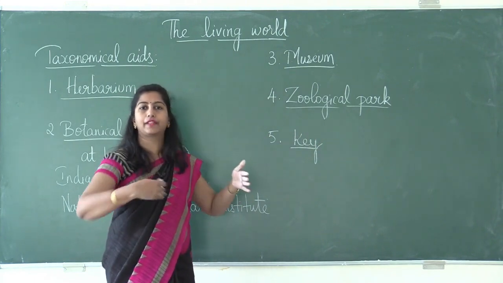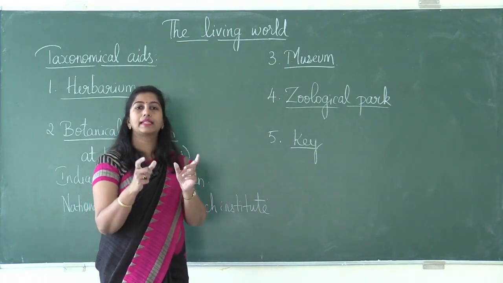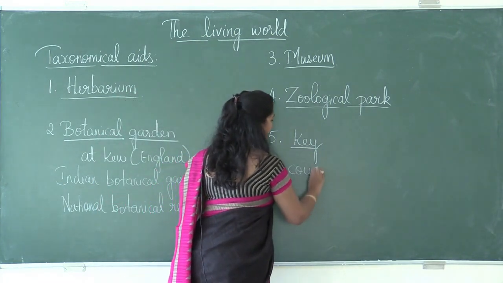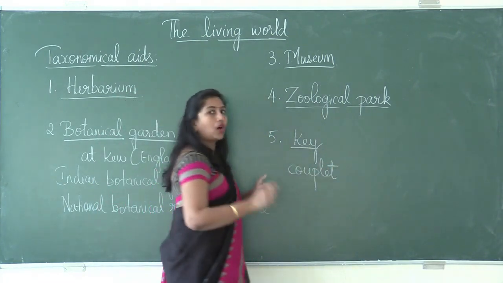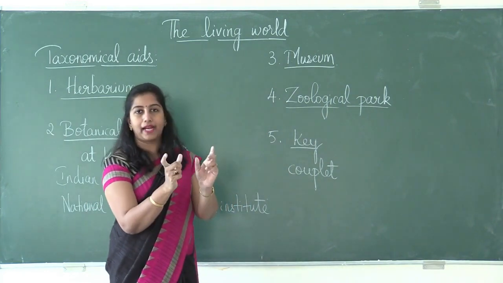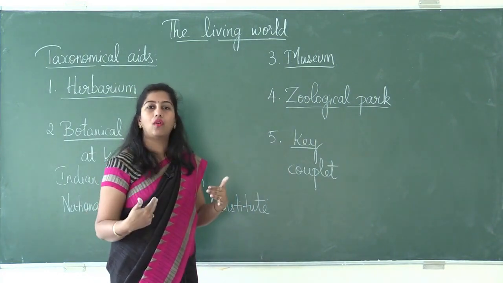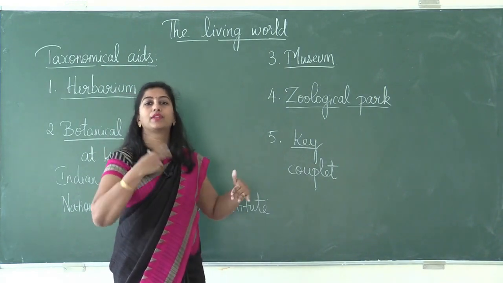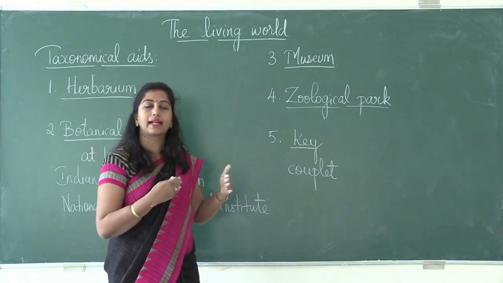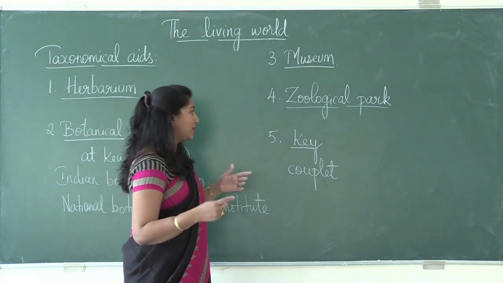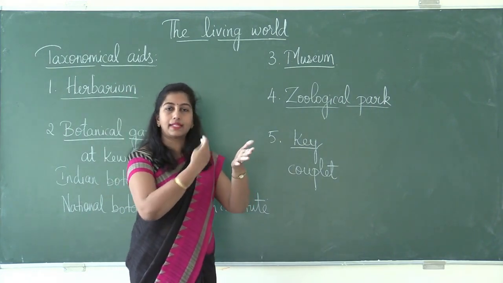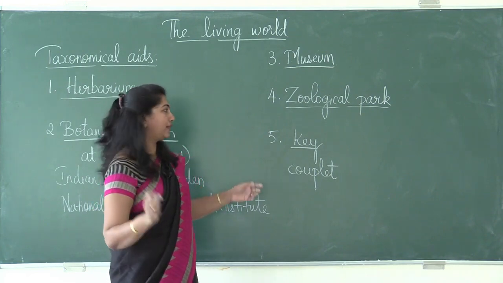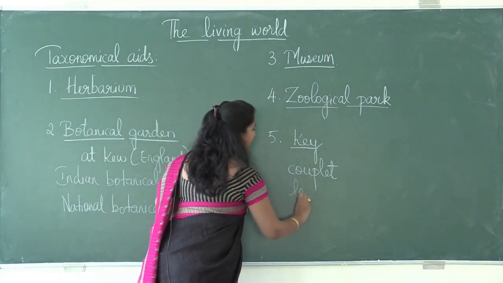It will have a set of characters, and it is always called a couplet. A contrasting character is a pair of characters where you have to accept one and reject one. So acceptance and rejection, one among that has to take place, and it goes on leading. Each statement given in the key is called a lead.